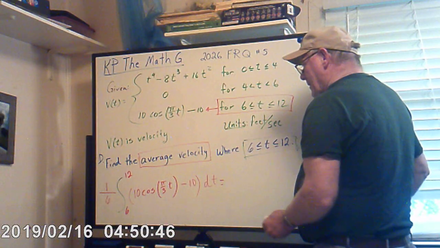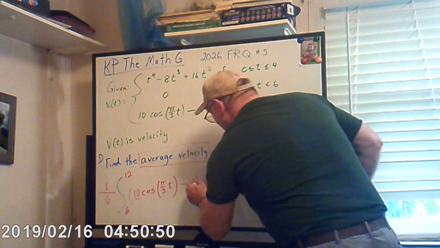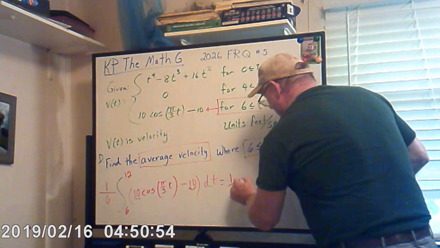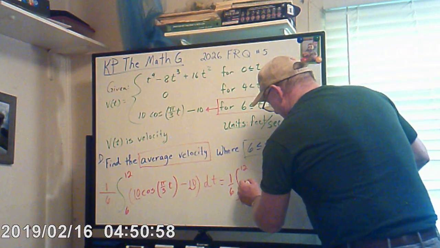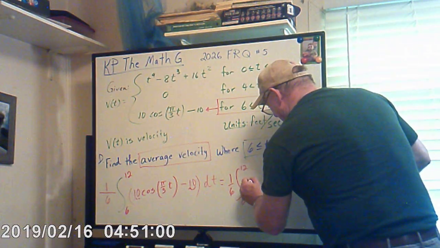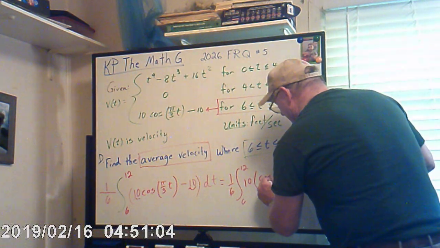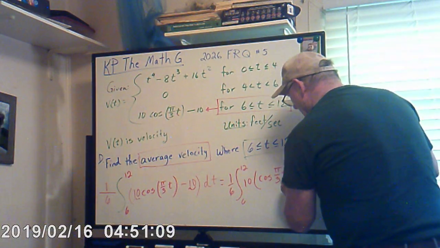I would like to fix this up a little bit because I see a 10 and a 10. So I have a 1/6 from 6 to 12, and I'm going to take out a 10. Now I'm left with cosine of pi over 3 t.